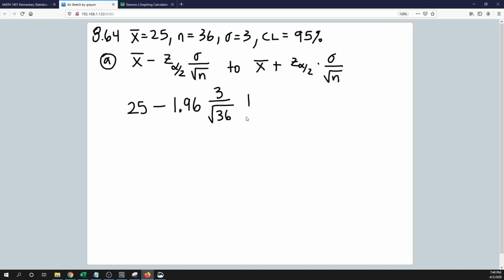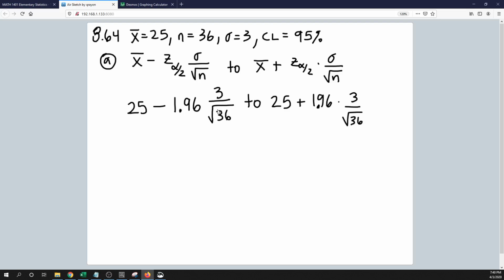All right. And this one would be 25 plus 1.96, right? Times sigma, which is 3 divided by square root 36.